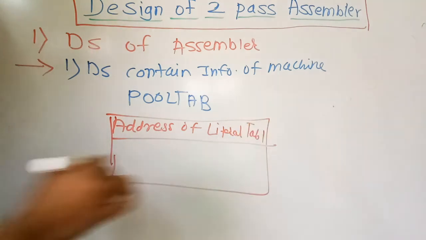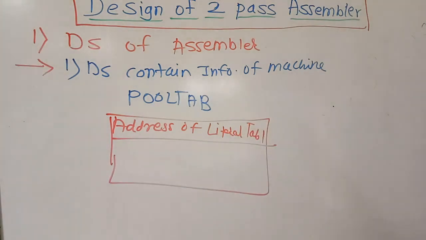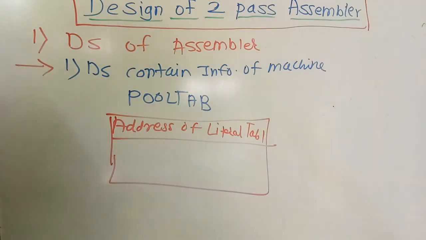It is used to store the addresses of literals in each pool, and it again contains the pool table pointer to keep track of entries of the pool table. So these are the different data structures used by the assembler while designing the two pass.